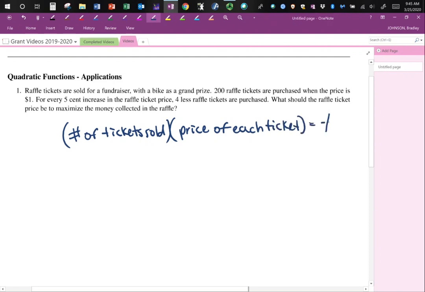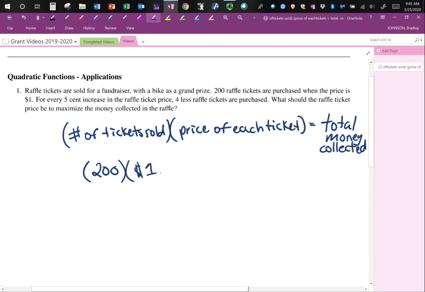We would get the total money collected. So, for example, if you sell 200 tickets and multiply that by just $1, how much total money did you make? $200. So that's the simplest way to look at it.